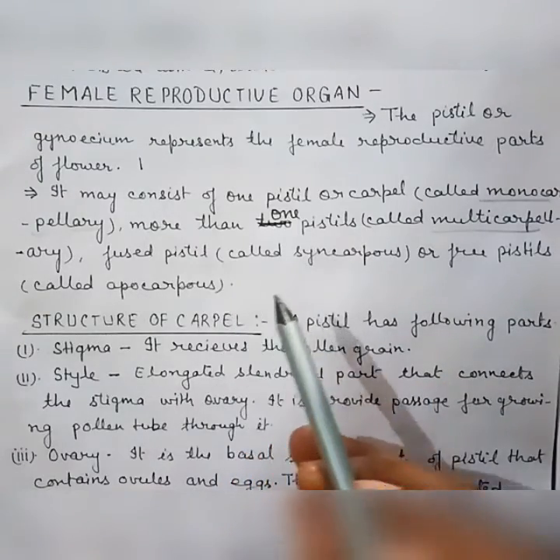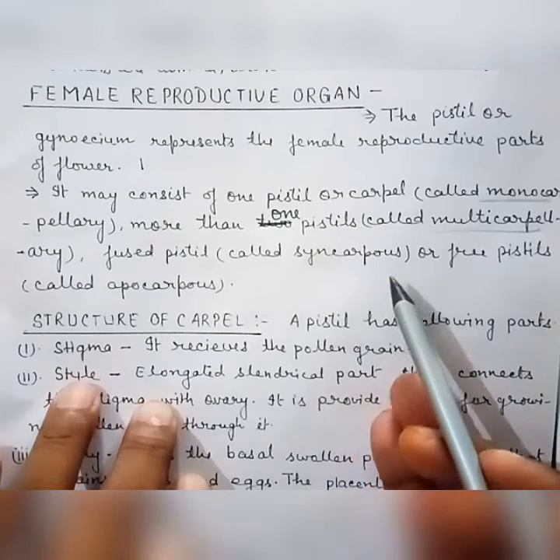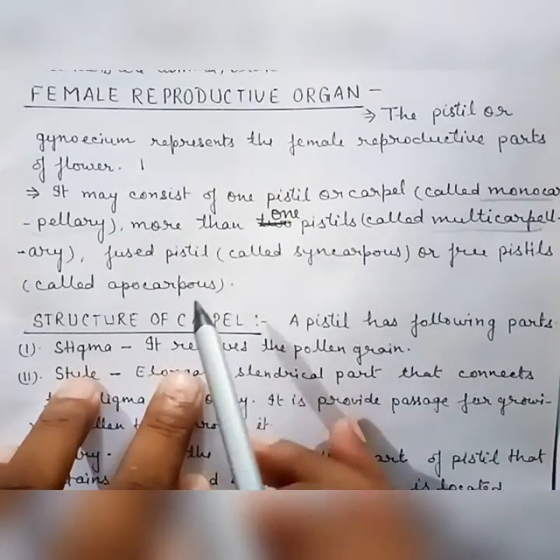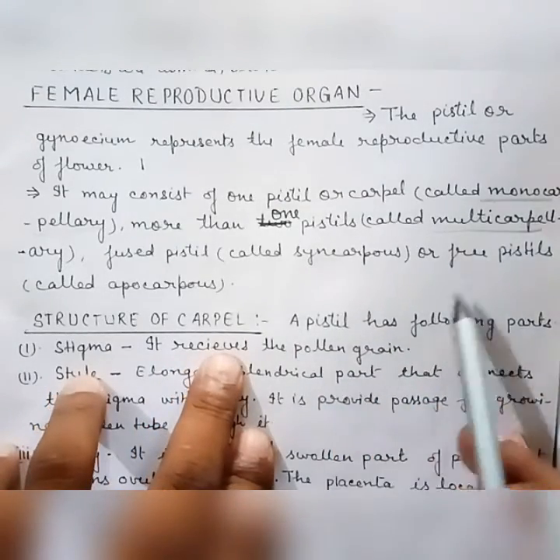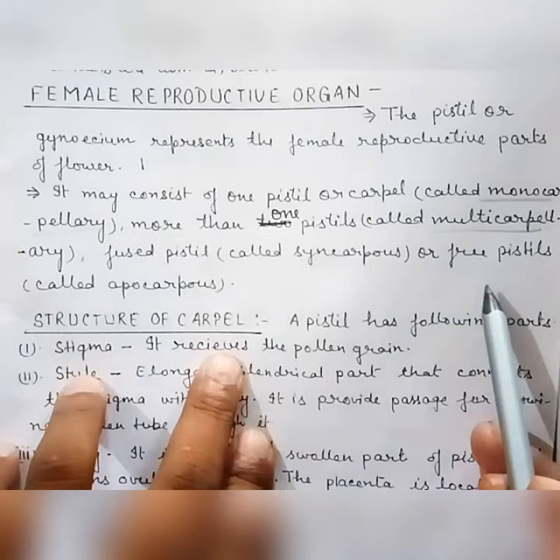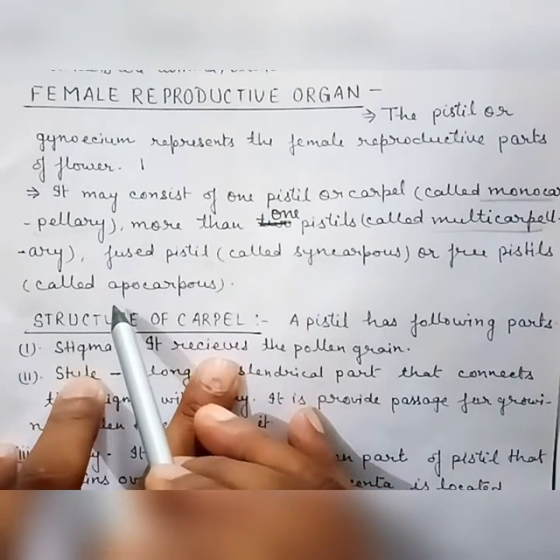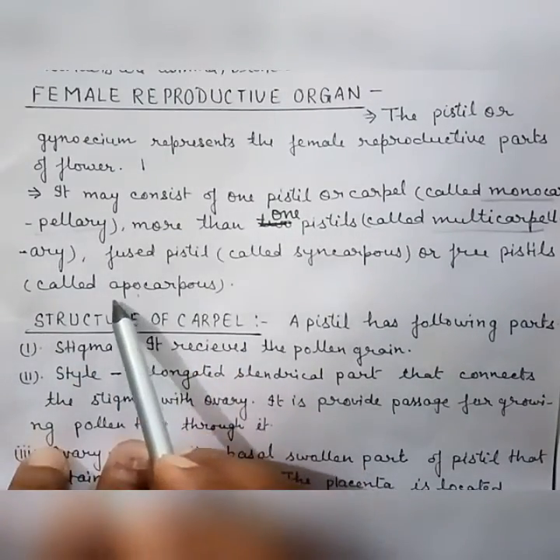All the carpels may be free or fused with each other. If all the carpels are free from each other, that type of carpel is called apocarpous.